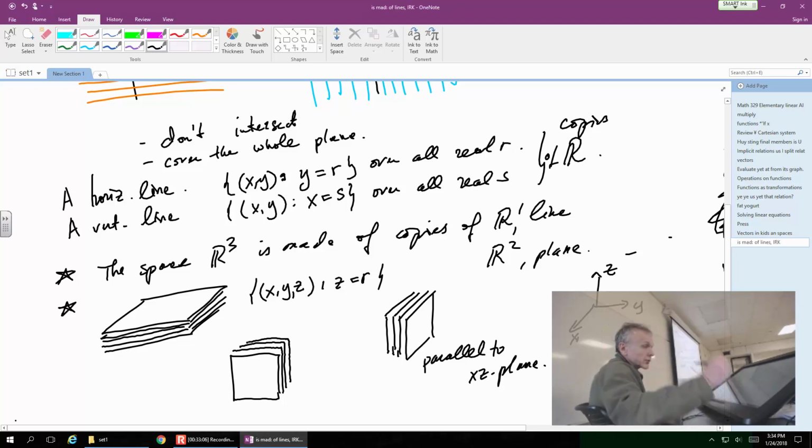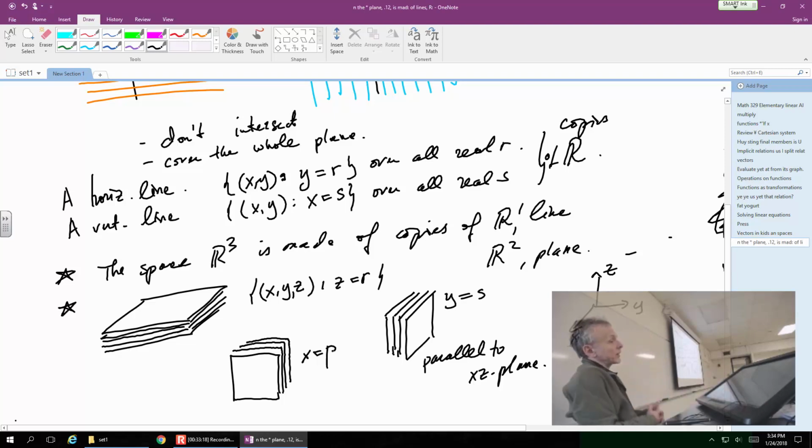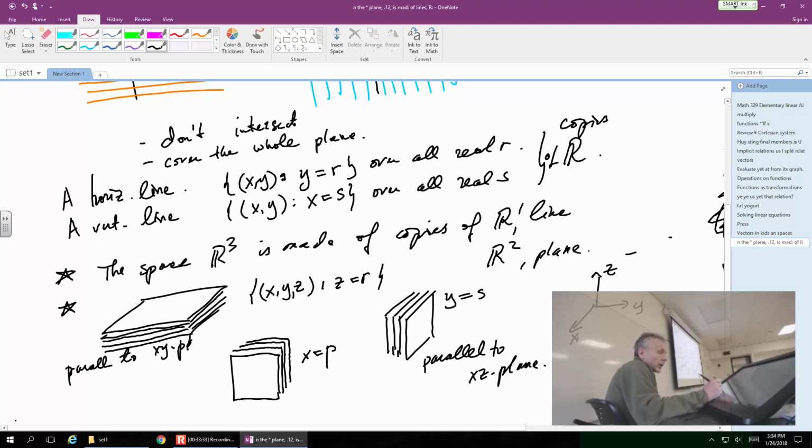So these are simply y equal to say s, and this is x equal to say p or something like that. So these very simple equations represent planes parallel to the coordinate planes. This is parallel to the xy plane, and this one is parallel to the xz plane.